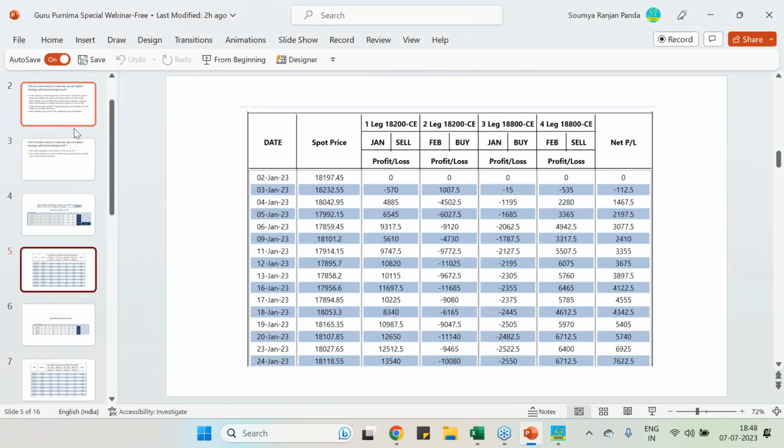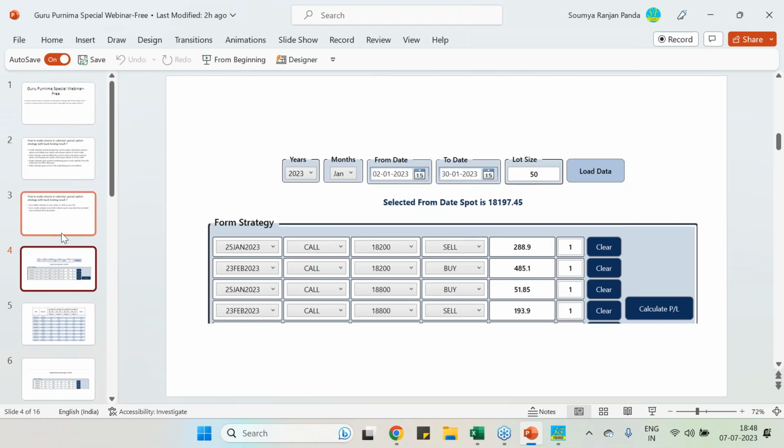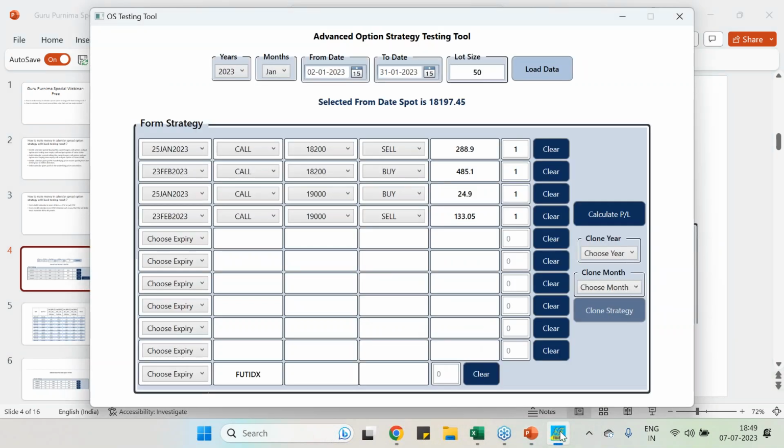This strategy we have formed. So this is what I have shown in the presentation. देखो तो ये presentation में वही दिखाया आपको. जनवरी में ये किया, यहाँ पे 18,800 लिया था, वहां पे 19,000 ले रहा हूं. You can take anything. Now you formed this strategy. Suppose you want to test how this same strategy worked in February 2023.